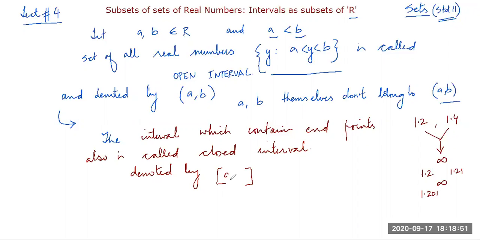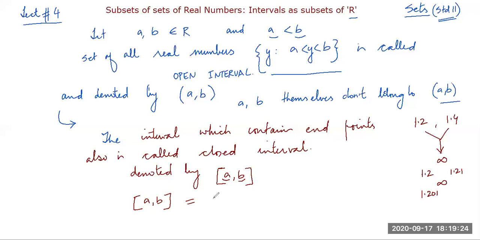So these are [A, B]. You call them square brackets or whatever. When you see these brackets, you understand that this is an interval in which A and B are also included. Now, how will I write this? Remember A and B are also included. This is the meaning of these brackets, right?